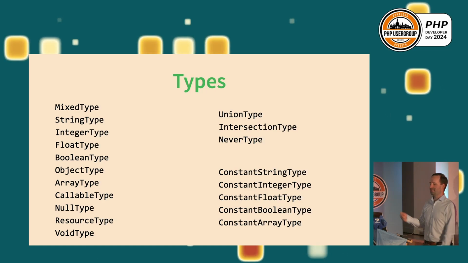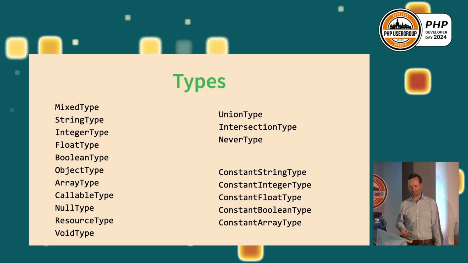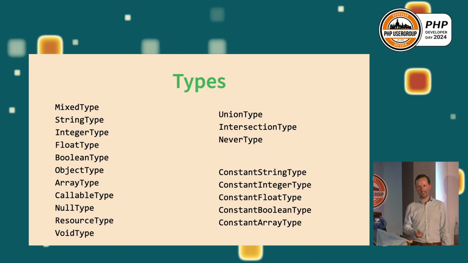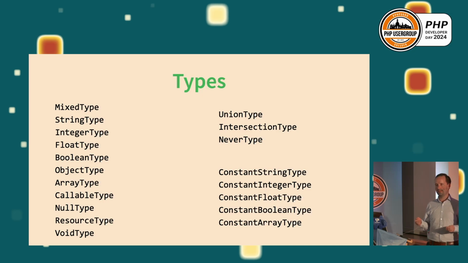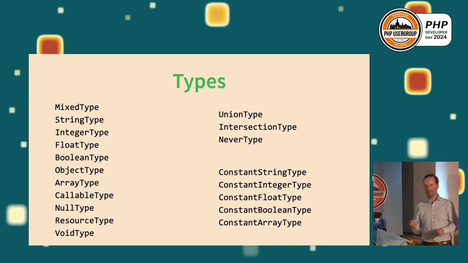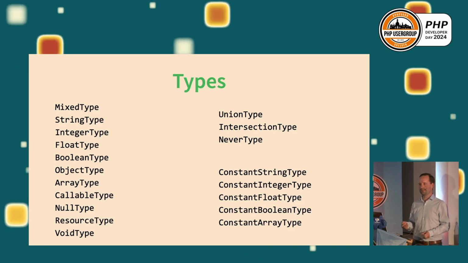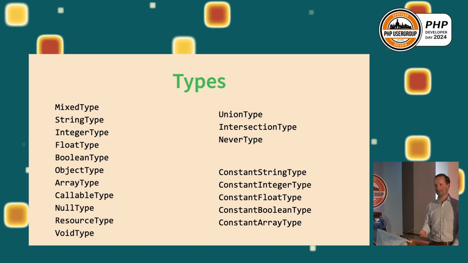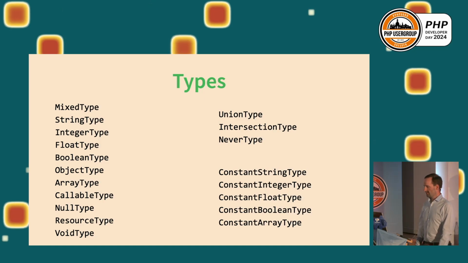For example, if we have a constant string type, and the string contains text, and you use this text as a callable, PHPStan can check if it's an existing function name, because it's aware of all of this. All right, so these are type implementations.